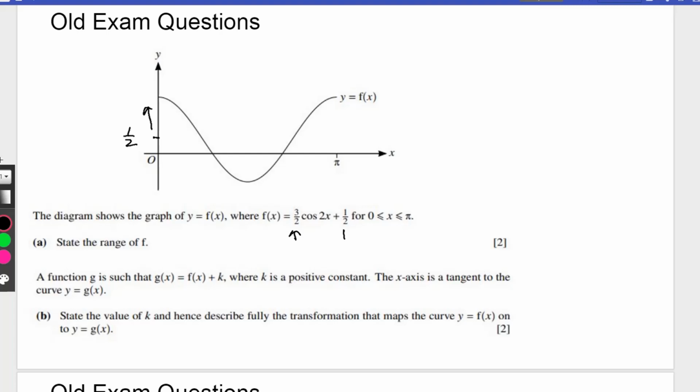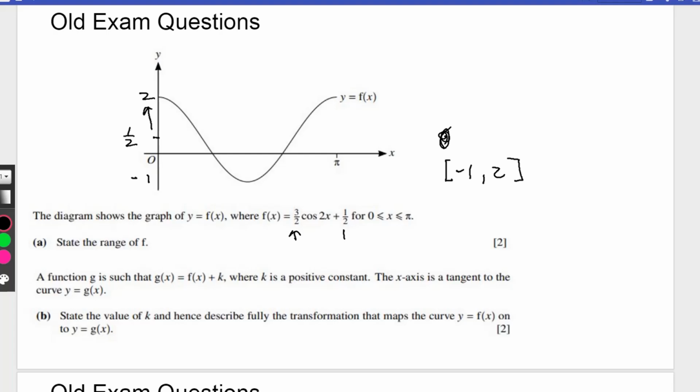So that makes this number a 2. This is 1/2. It's going to be down by 1.5. So that makes this a -1. So the range is going to be from -1. Oops, I guess we're doing brackets. -1 to 2, right?